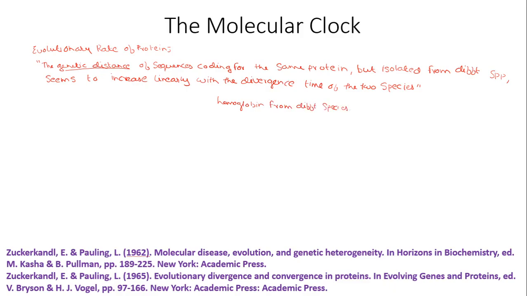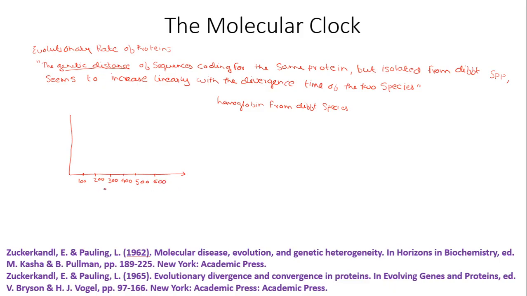If you continue with this example of hemoglobin and try to plot a graph that represents time on the x-axis, say time in million years: 100, 200, 300, 400, 500, and 600.